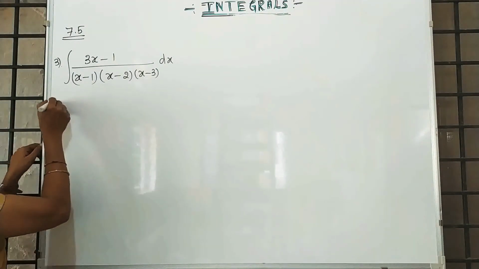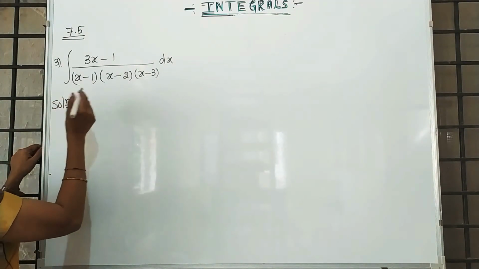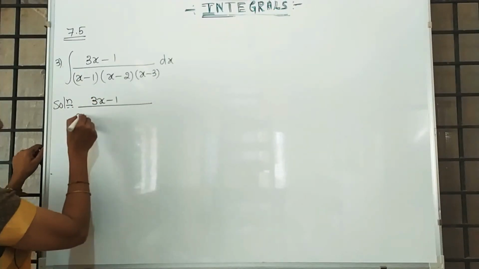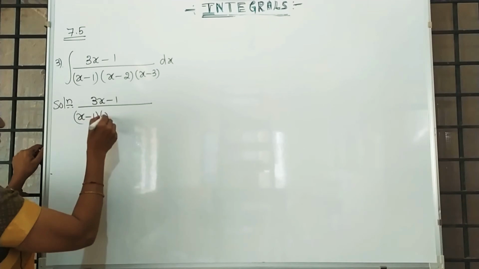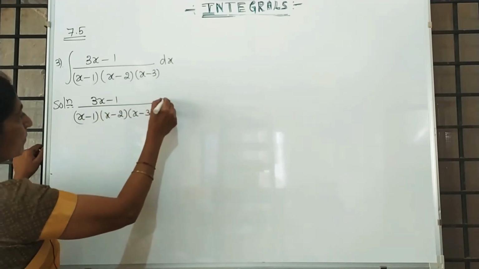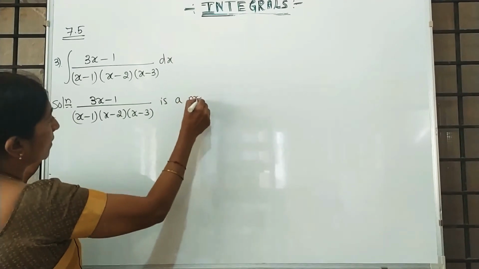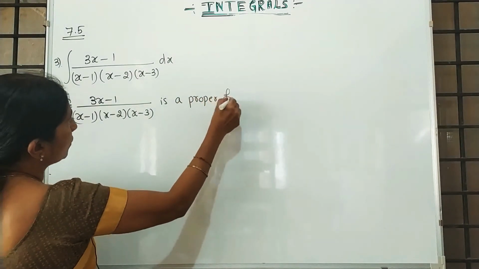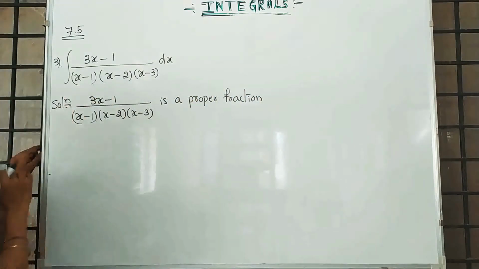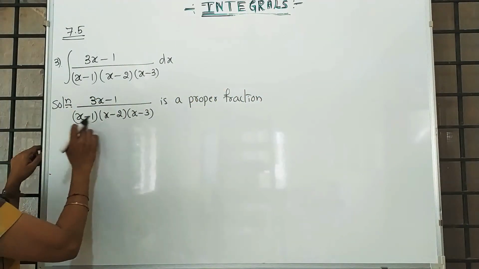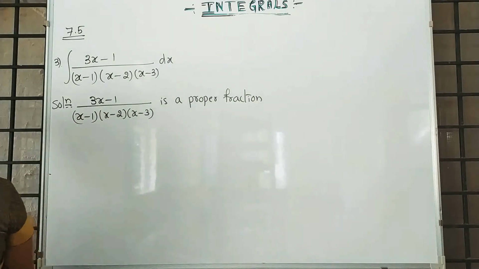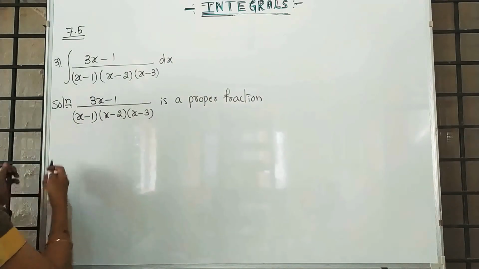So then what do you write in the solution? (3x minus 1) upon (x minus 1)(x minus 2)(x minus 3) is a proper fraction, correct or not? Because in the numerator the highest power of x is 1, and in the denominator x into x into x, 3 times, that is x cube. So this is a proper fraction.